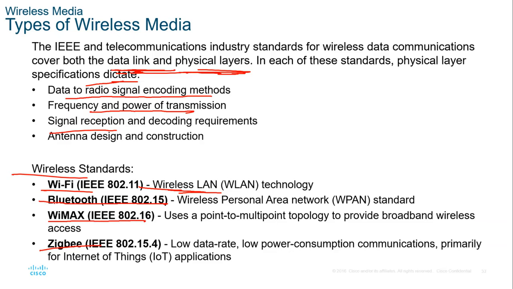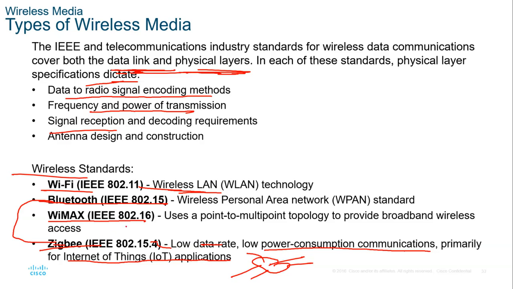The difference between these: Zigbee connects more than one device. It's almost like Bluetooth, but Zigbee is low data rate, low power consumption communication, primarily for Internet of Things applications. It can connect more than one device.